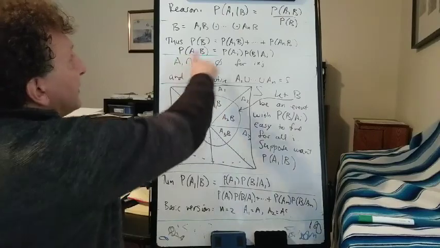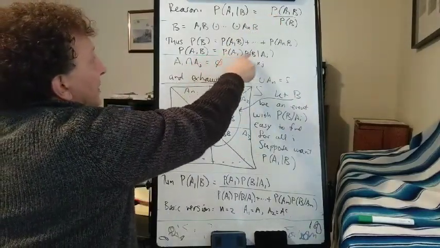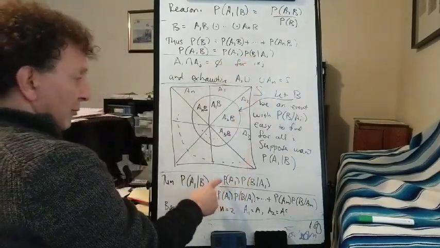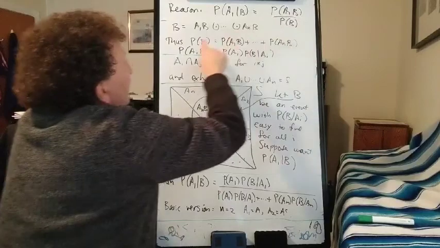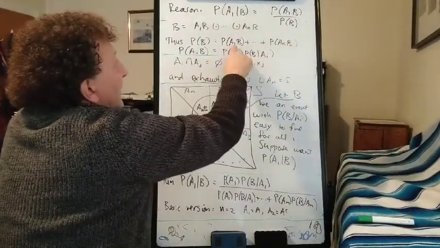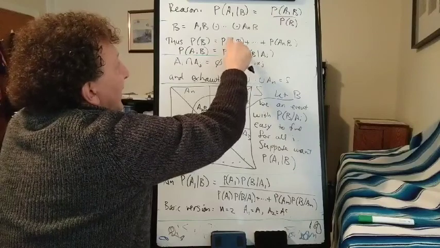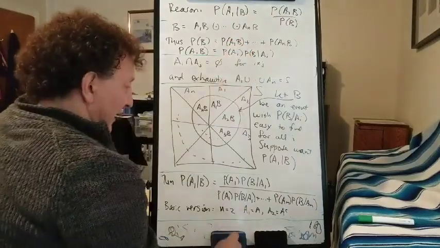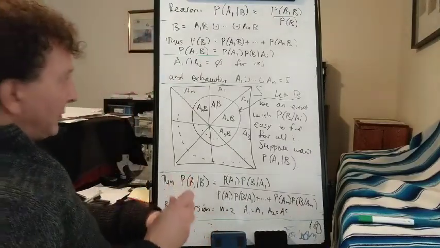So if we replace the probability on the top with the probability of A1 times the probability of B given A1, that's the numerator we have here, and if we replace the probability of B by this sum, and each summand by the probability of Ai times the probability of B given Ai, that's exactly what we have on the bottom here. So that's where the formula comes from.